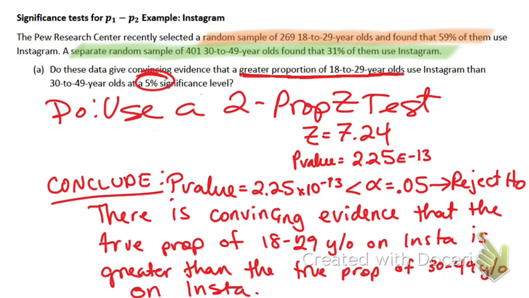And yes, there is a chance that we made an error. What type of error might we have made? Because we rejected the null hypothesis, what type of error is possible?